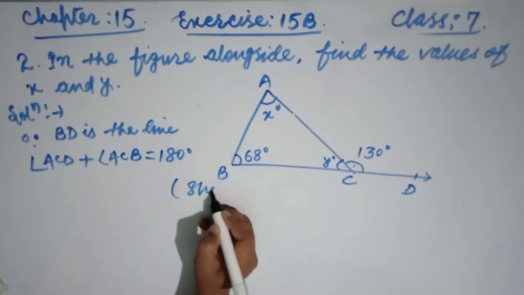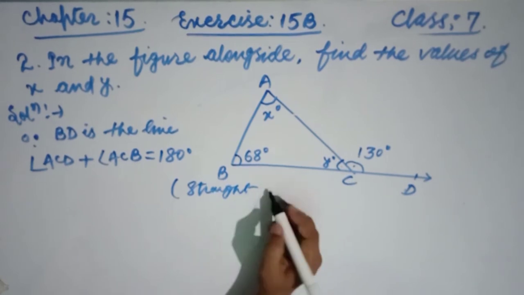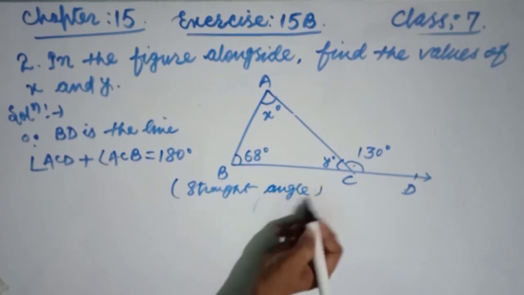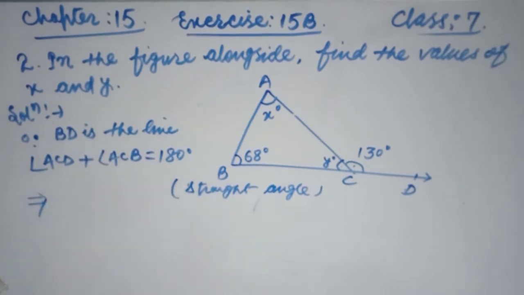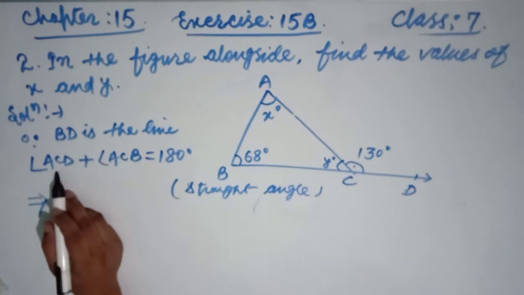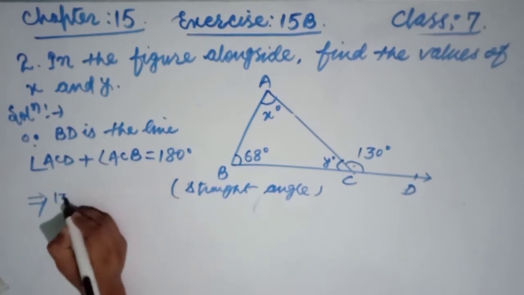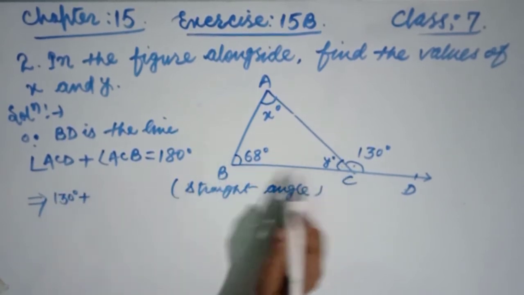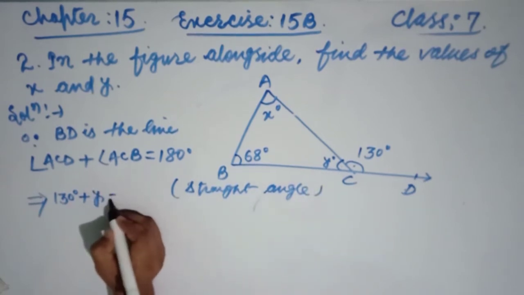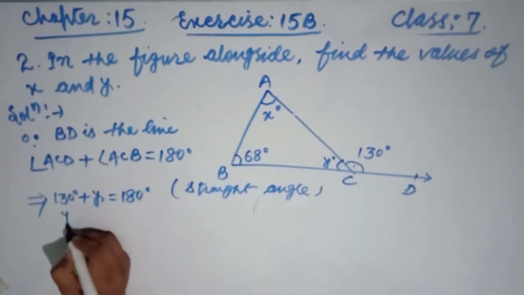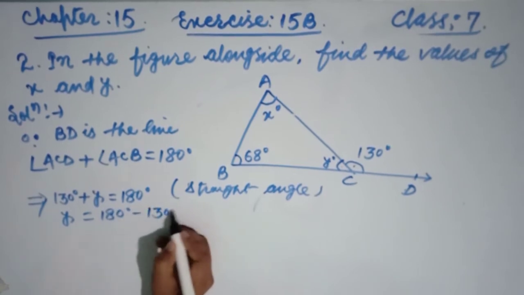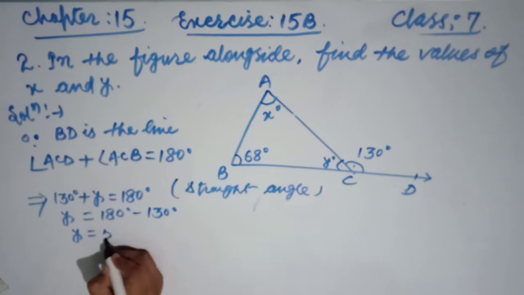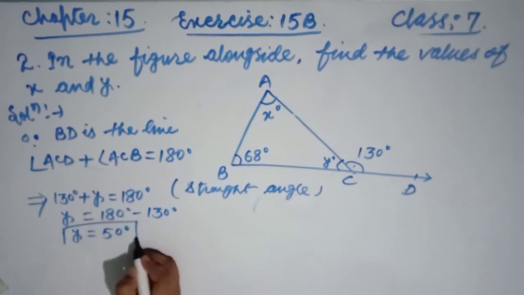Reason: straight line or linear pair, straight angle, supplementary angles. Angle ACD is 130 degrees, and angle ACB is y degrees, and the sum is 180 degrees. So y is equal to 180 minus 130 degrees. So y becomes 50 degrees. So this is the first answer.